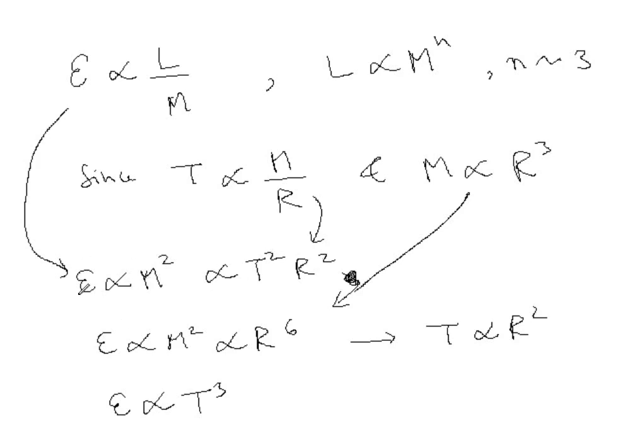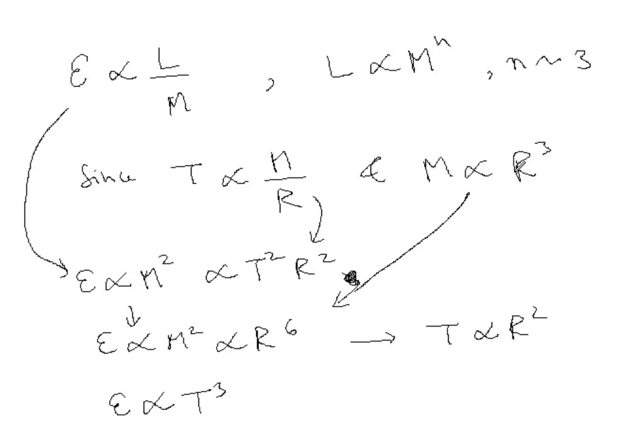Next, epsilon is proportional to M square, and density is equal to mass by volume, so mass is equal to density into volume. For constant density, mass is proportional to volume, or 4 by 3 pi R cube.